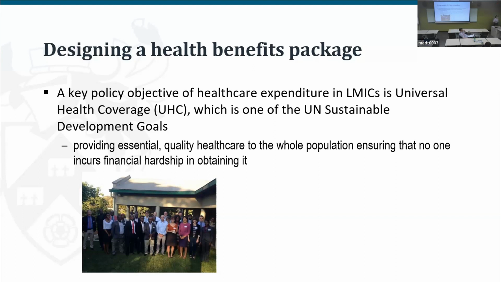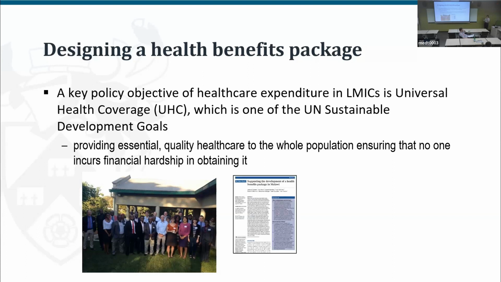So I spent some time in Malawi working with colleagues in the Ministry of Health to design a health benefits package there that was grounded in the principles of economic evaluation, cost effectiveness analysis, and which took account of health opportunity costs in Malawi.